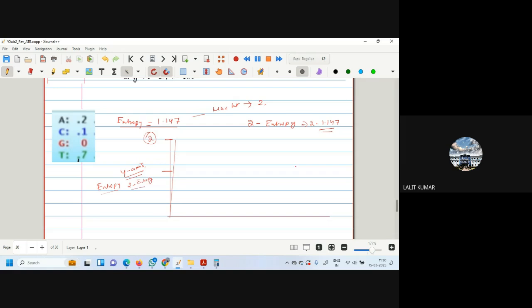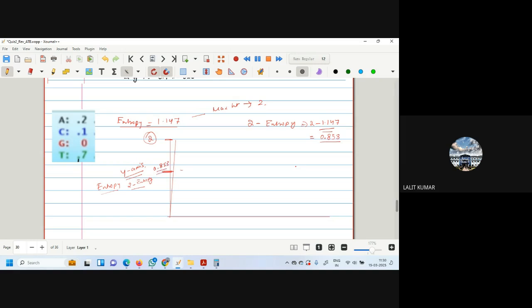So for this ACGT, the logo height will be 2 minus 1.147, which will be 0.853. So your total height of this logo is 0.853.